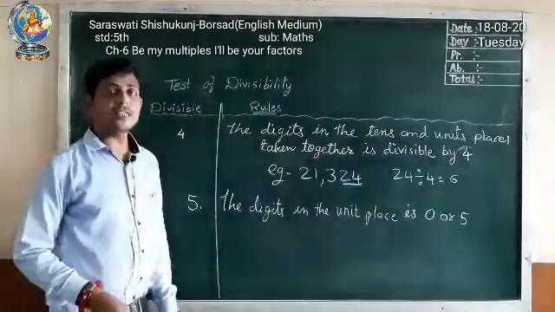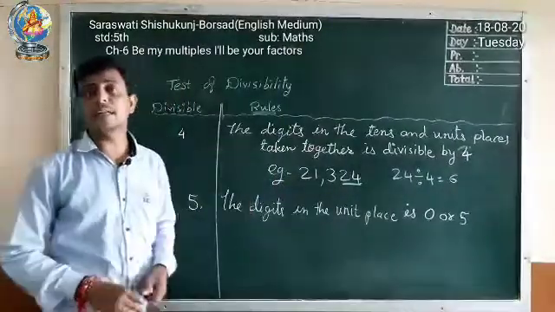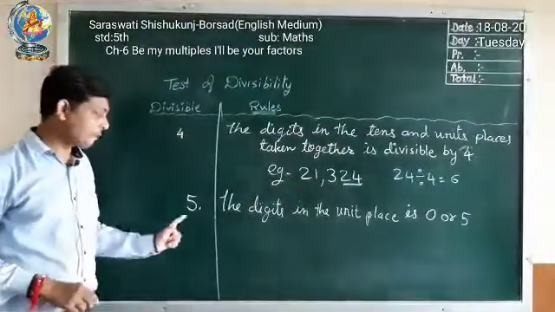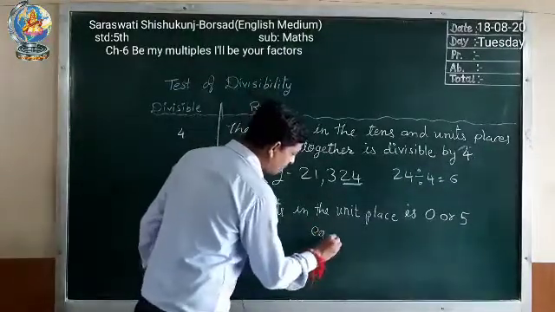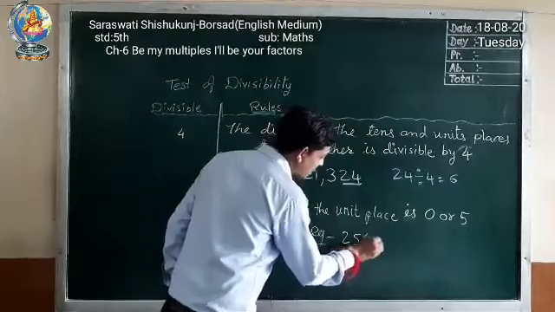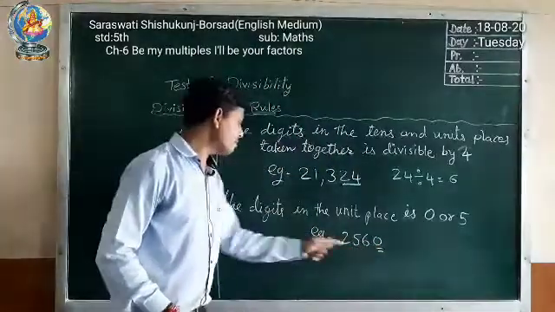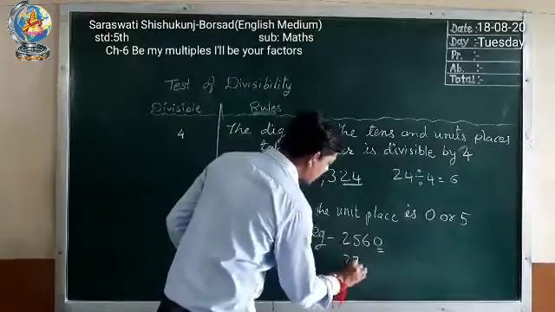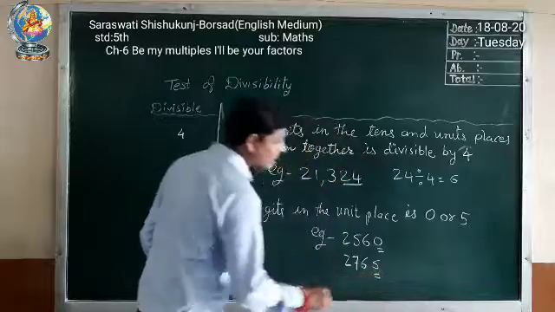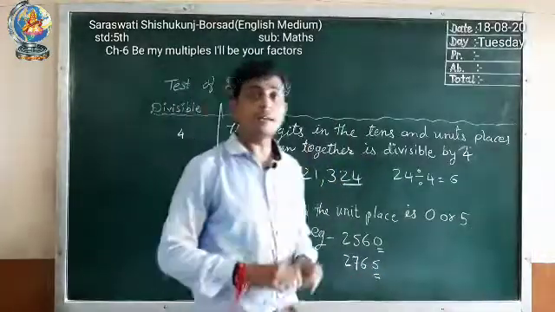If the digit in the unit place is 0 or 5, then that number is divisible by 5. Example, 2560: here you can see the unit place is 0, so this number is divisible by 5. Another example, 2765: here the unit place is 5, so this number is also divisible by 5.